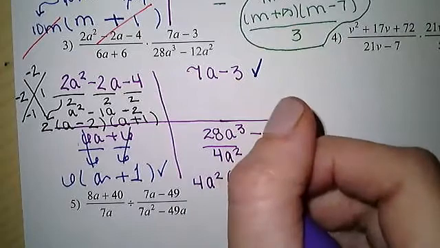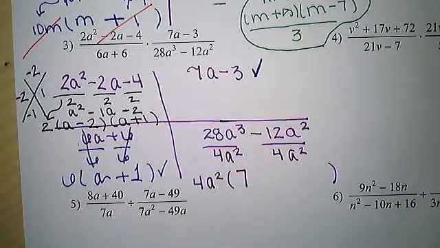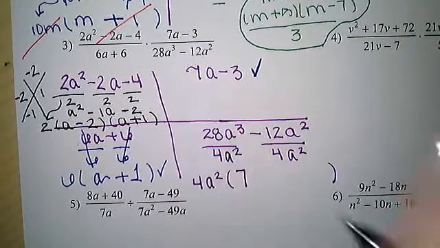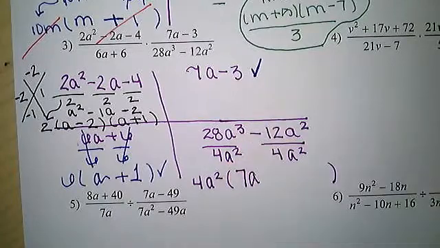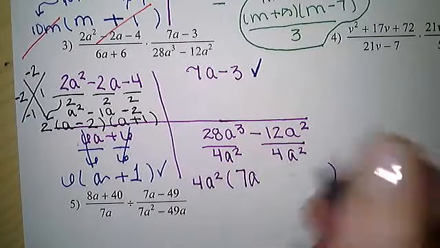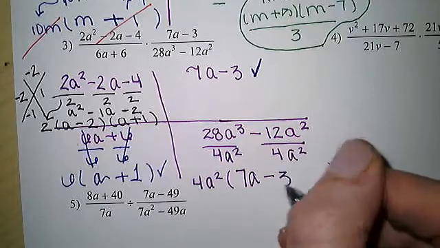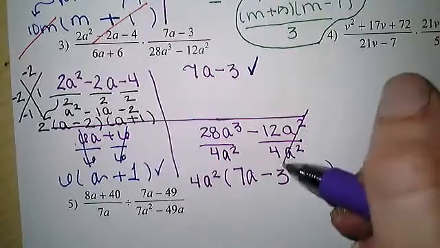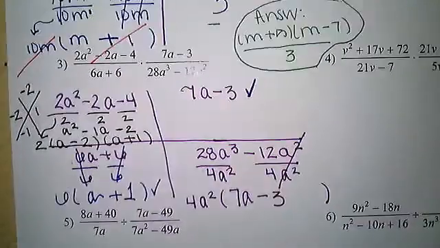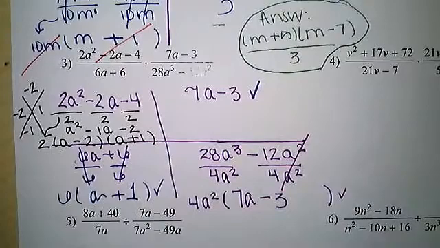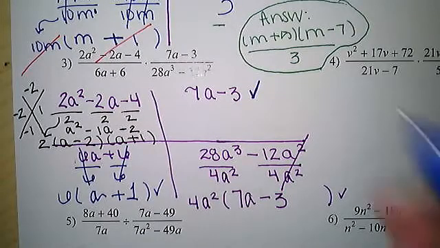28 divided by 4 is 7. And then stacked, we're going to subtract. And 12 divided by 4 with the negative. And these will cancel, so I didn't need to leave that much space, but that's all right. So we're just going to look and see if anything cancels across the top or the bottom. 7a minus 3.